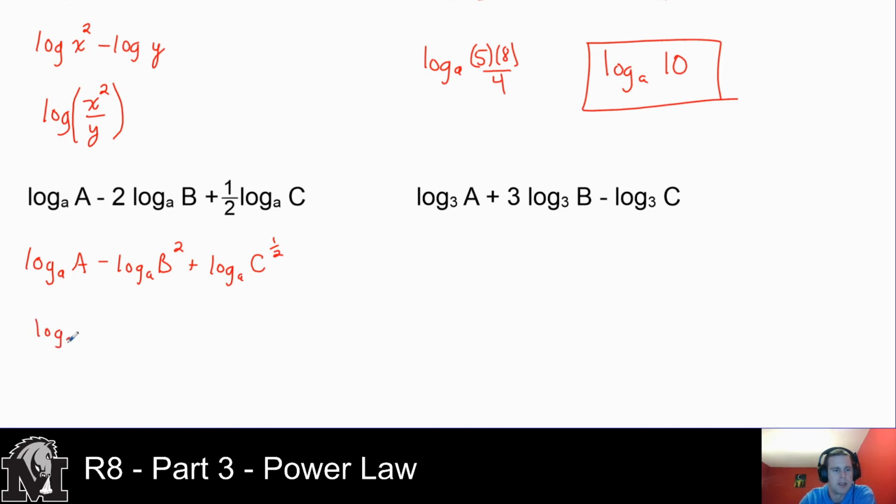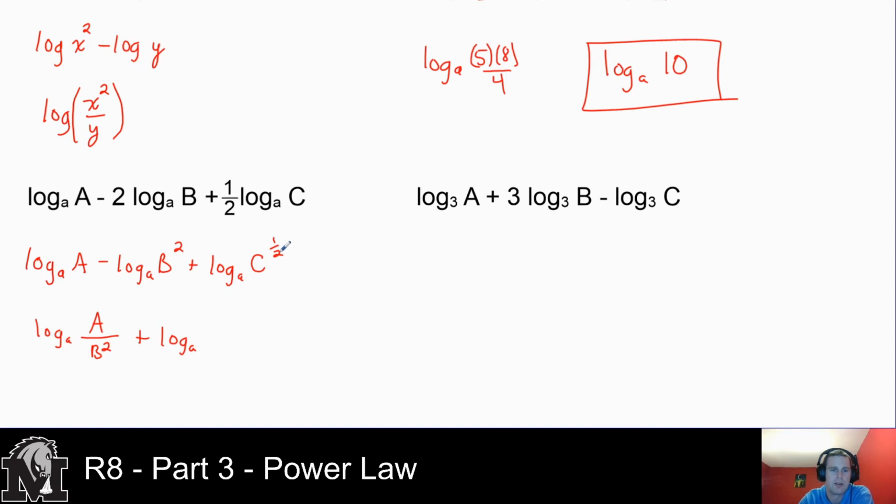And now I'm going to combine these first two because there's something else I can do with this third piece. So log base a, and this one's positive, so a is in the numerator, and then we get b squared in the denominator. And I'm going to keep this other one separate for a moment, and it's going to be log base a. And when you have an exponent that's a fraction, that really means we're going to get a radical in there somewhere.